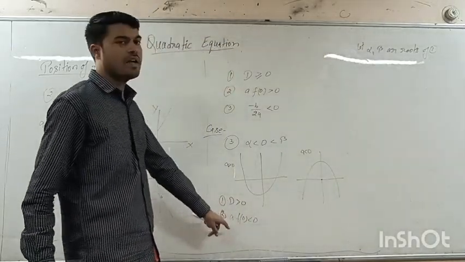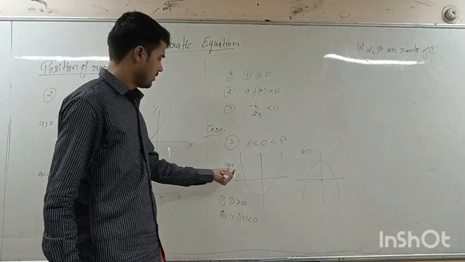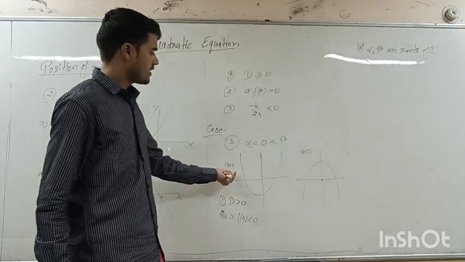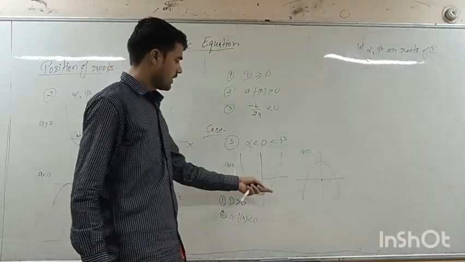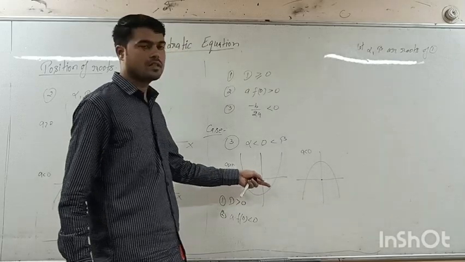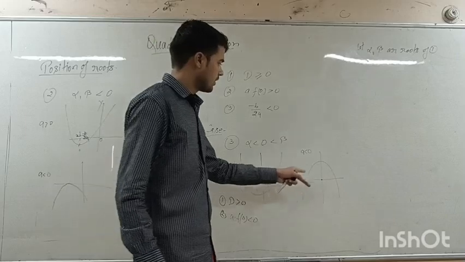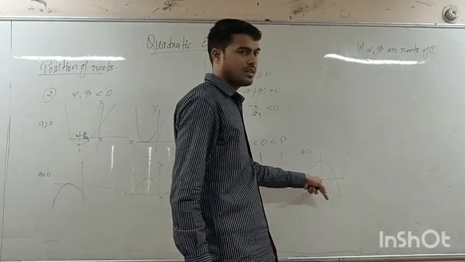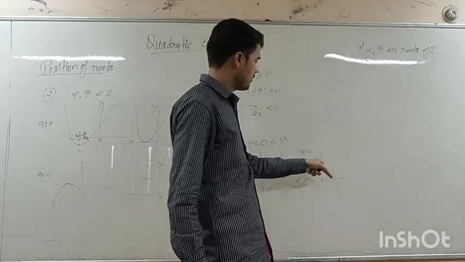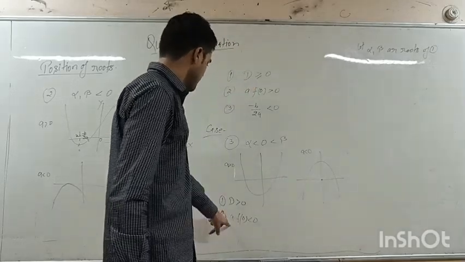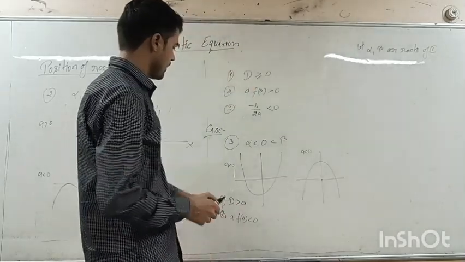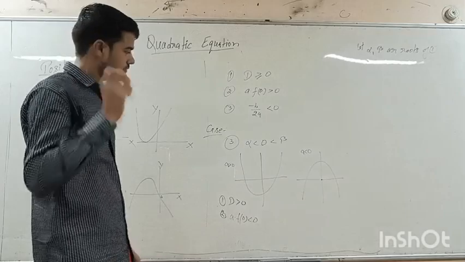That is, the signs of a and f(0) are different, because if a is greater than 0, then at x equal to 0 the value of the function will be negative, and here at x equal to 0 the value will be positive. So we can say a·f(0) is less than 0.